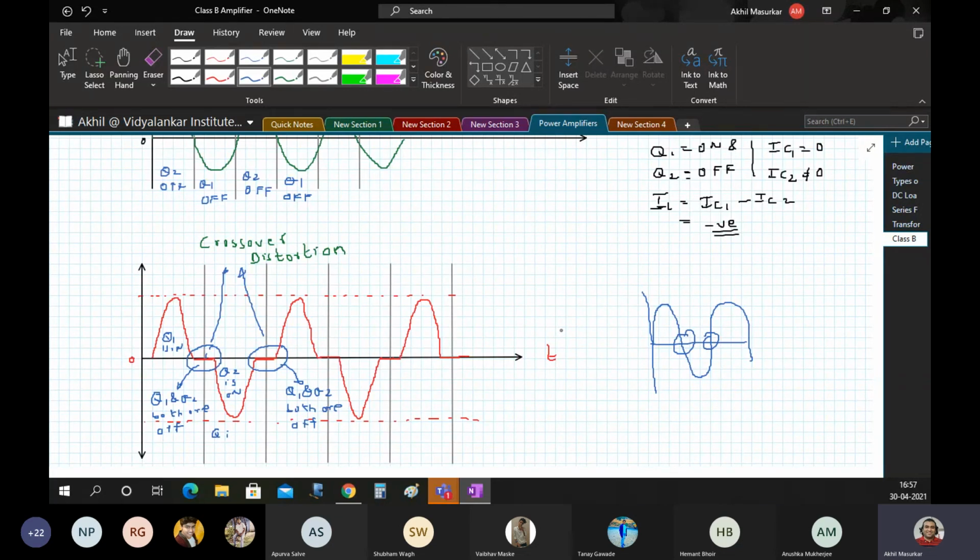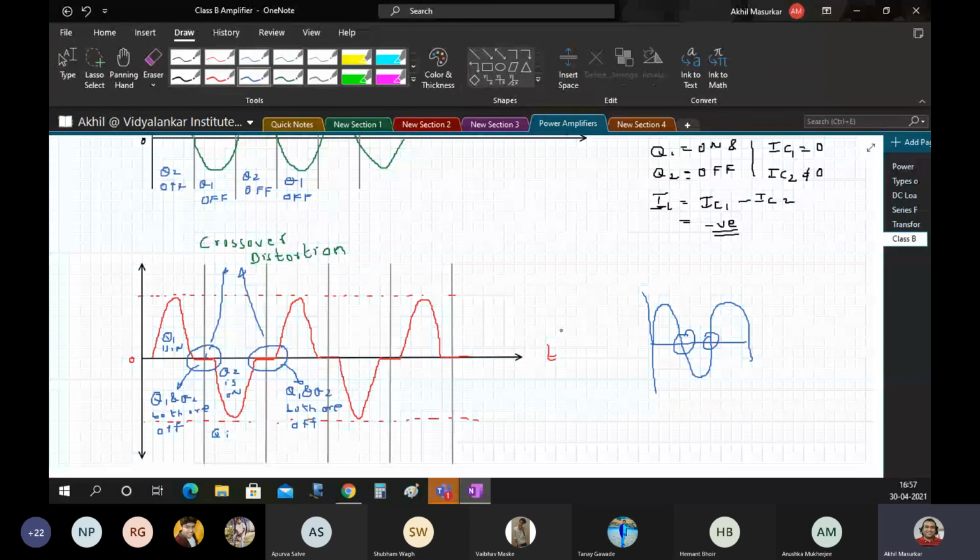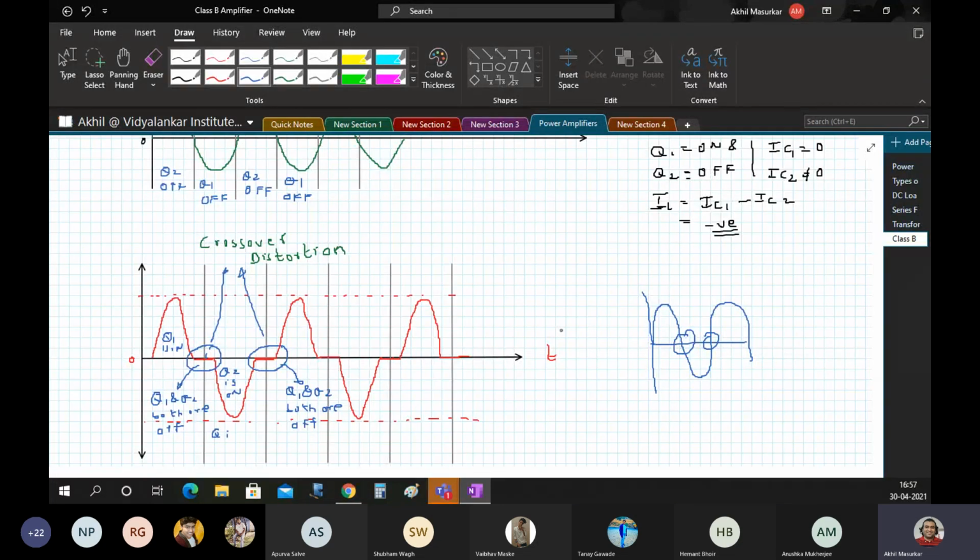And second, the silicon power transistors require 1 volt at the base to turn on. That is why this distortion happens only at crossover, where the input voltage values are between 0 and 1 volts.